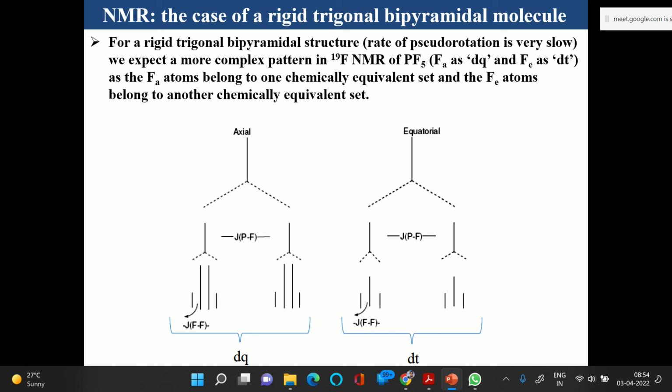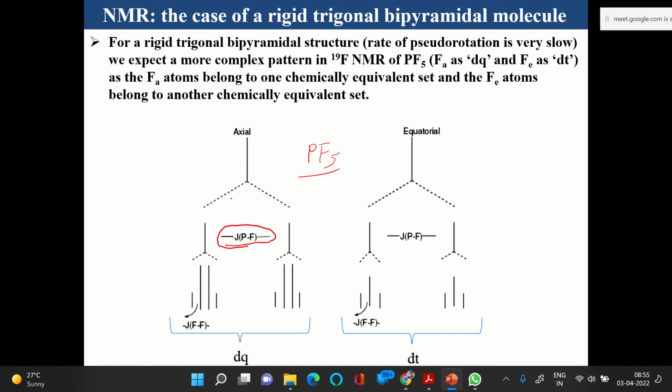So when we are talking about PF5 or something, it is also important to note that in a static condition, if you are analyzing a rigid molecule, trigonal bipyramid, taking the example of PF5 at low temperatures, the coupling between P and F is much stronger.